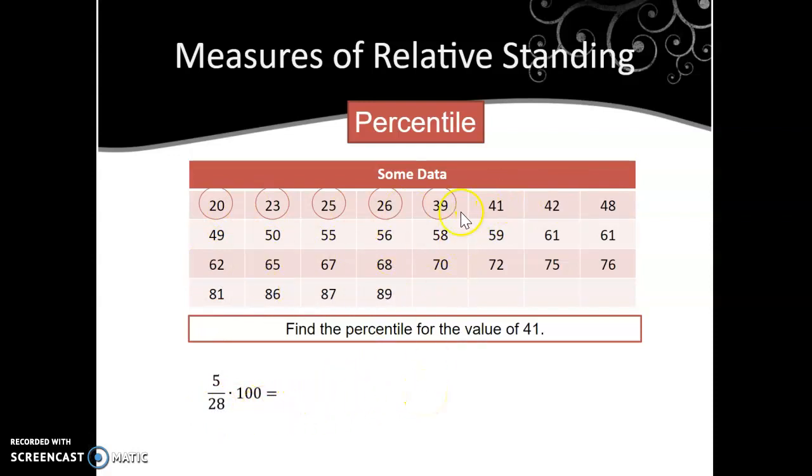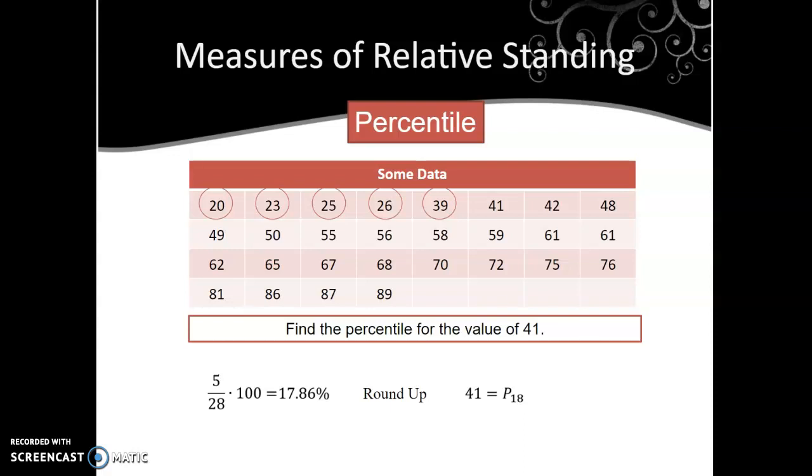So we find 41, count how many came before it, divide by the total number, and multiply by 100 to get our percent. We have 17.86%. Now, this is really important for percentiles. We always round up. You'd probably be inclined to round up here because it's 17.86, and that would be correct. So we would say 41 is the 18th percentile.